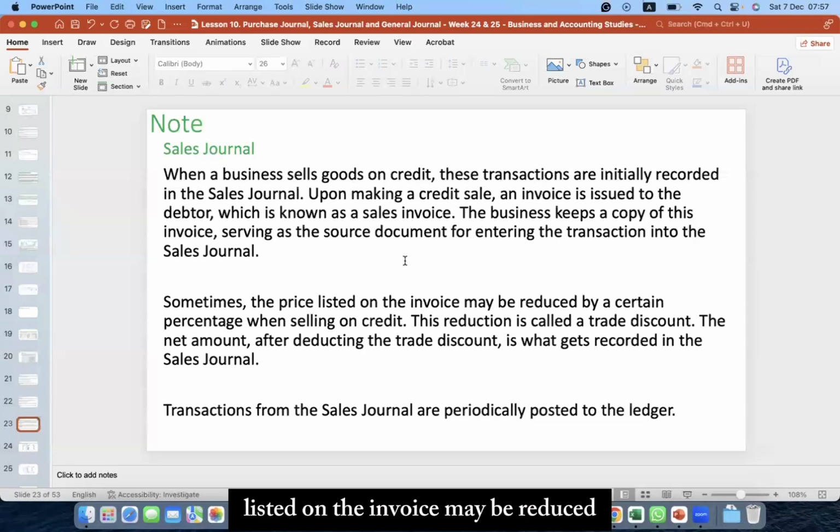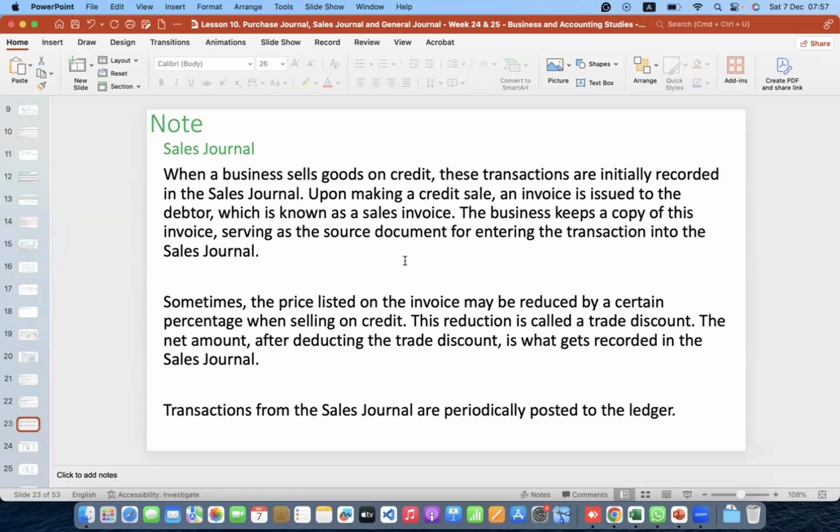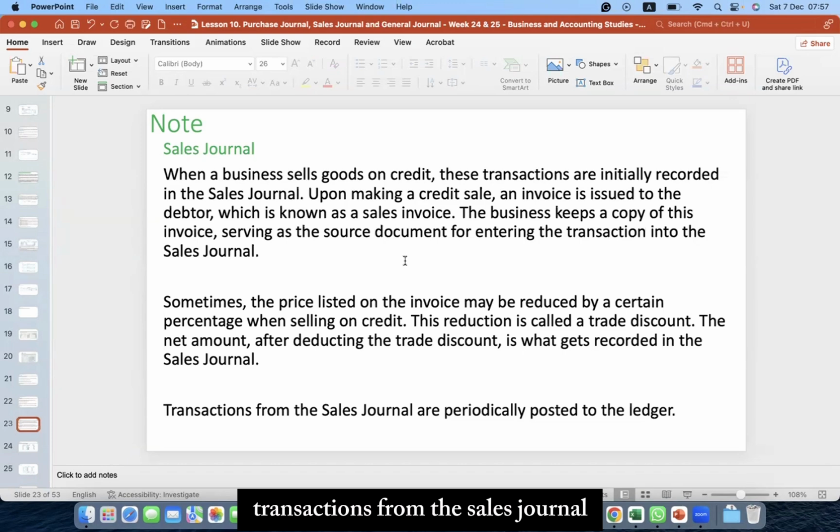Sometimes the price listed on the invoice may be reduced by a certain percentage when selling on credit. This reduction is called the trade discount. The net amount after deducting the trade discount is what gets recorded in the sales journal. Transactions from the sales journal are periodically posted into ledger.